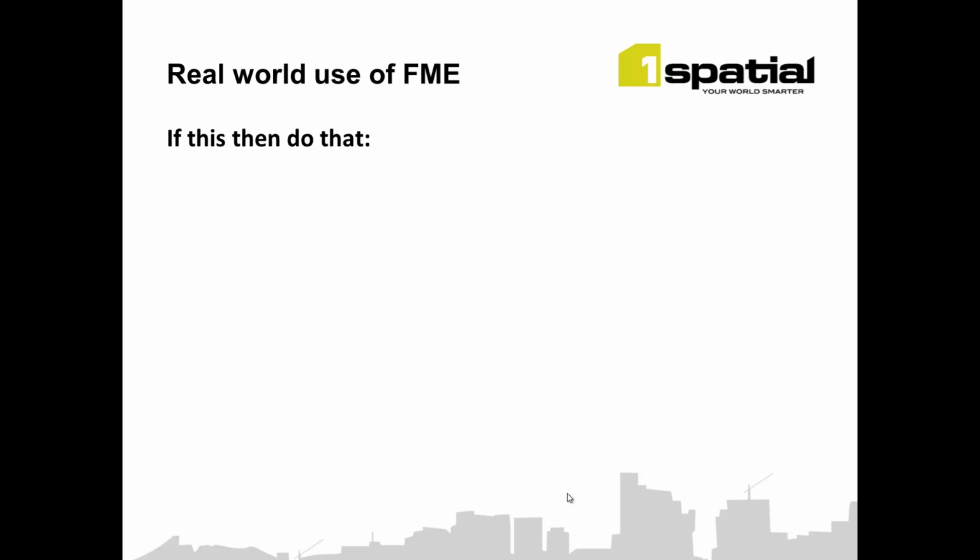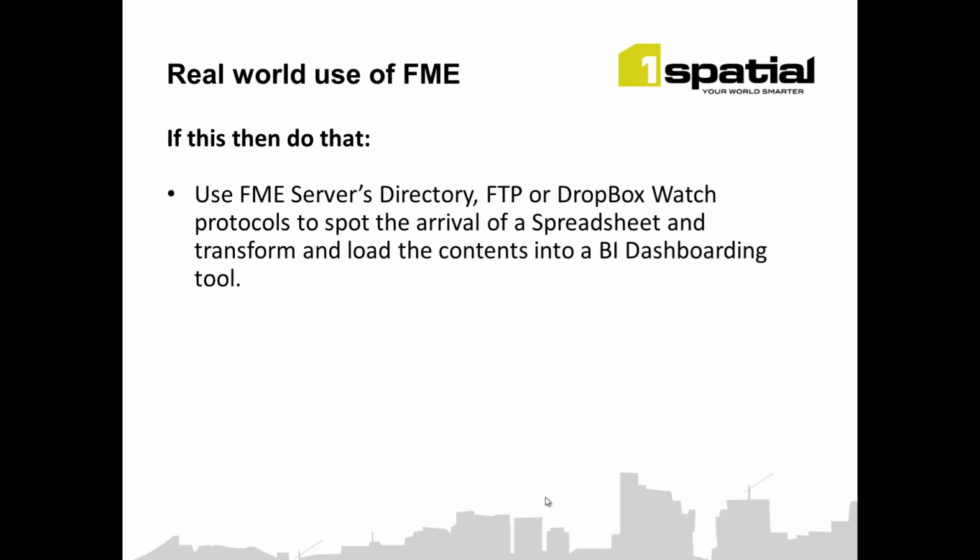Real world use of FME then, it's this kind of if this then do that kind of capability, and you can use FME Server's directory watch or FTP watch or Dropbox watch protocols to spot the arrival of certain file types in a particular folder. Maybe your manager is putting files in a directory and they just want that file translating into something that they can use.